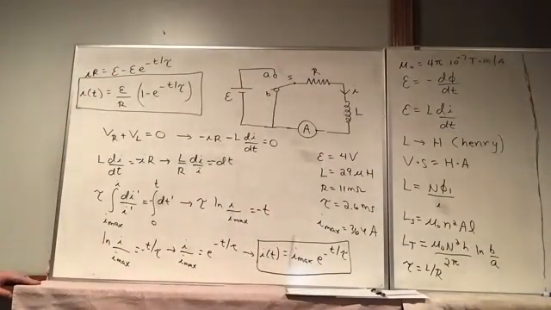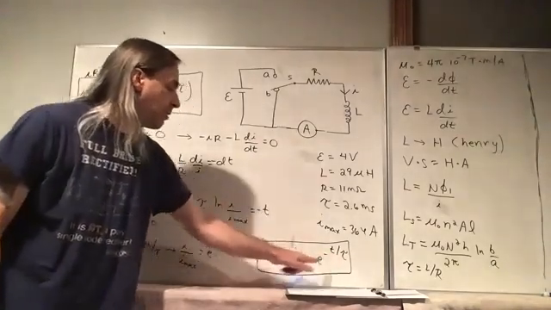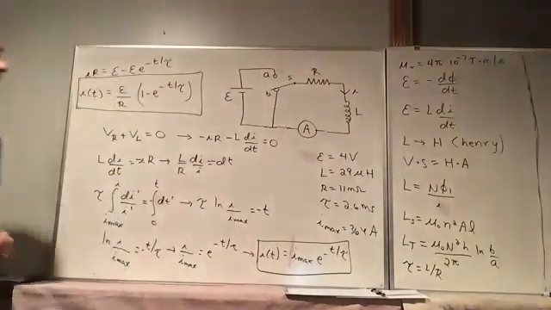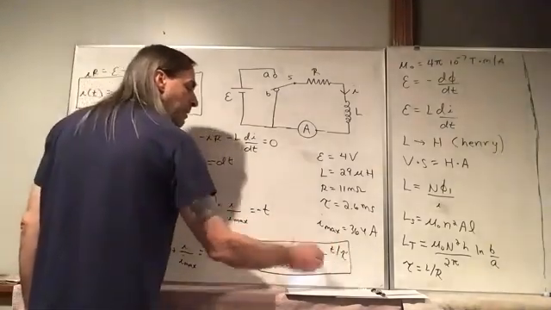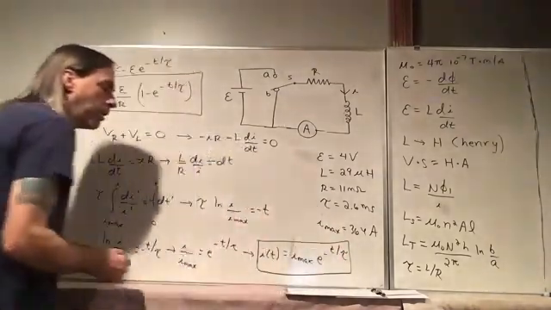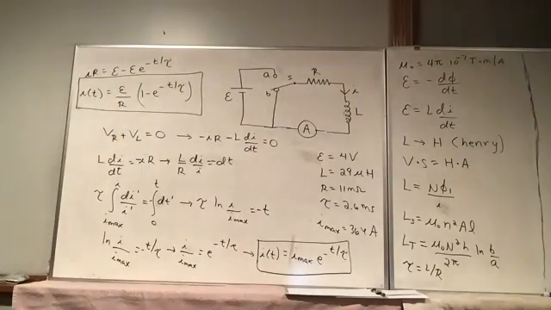It's an exponential decay. At t equals 0, e to the 0 is 1, so the current is just I max. Then we have exponential decay. As t increases, this term gets smaller and smaller, and after several time constants, our current will essentially be 0.